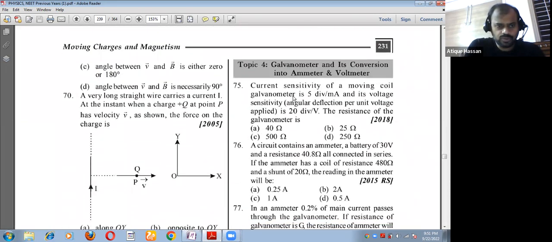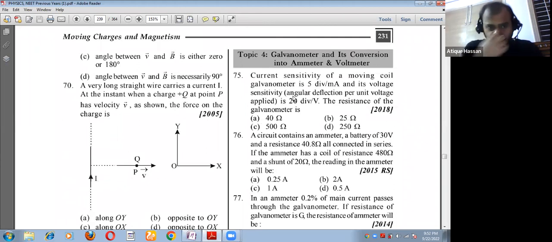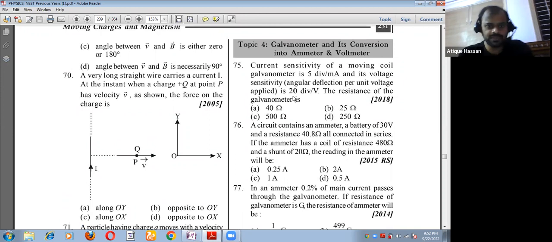Now all of you solve question number 70. I also found this a very good question. So all of you attempt question number 70.